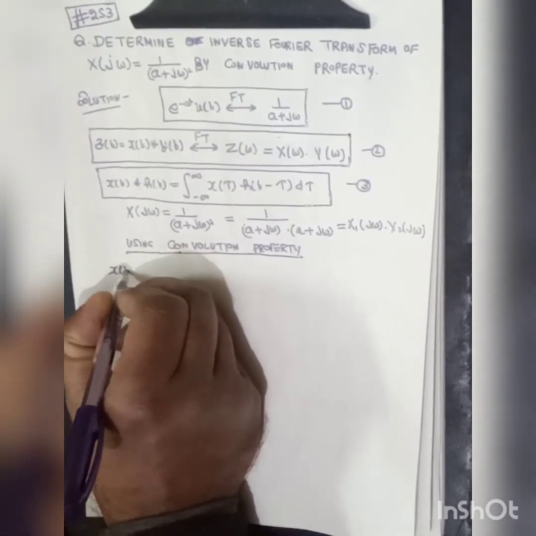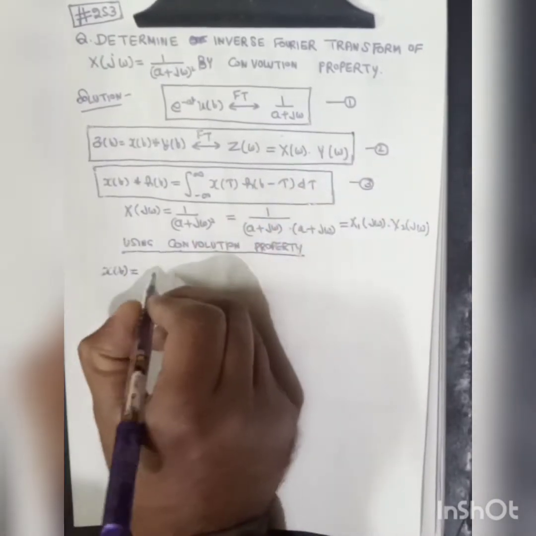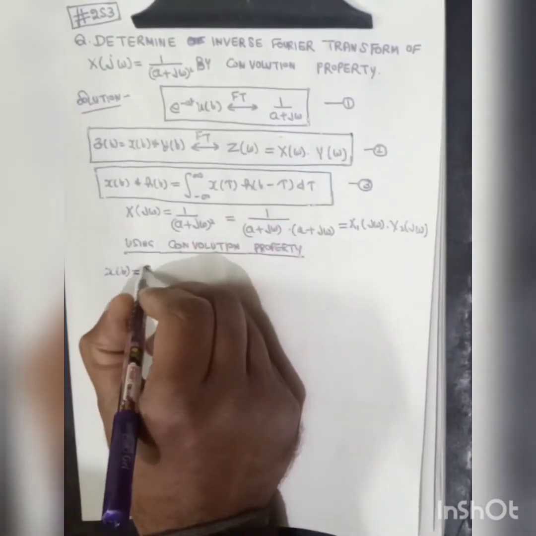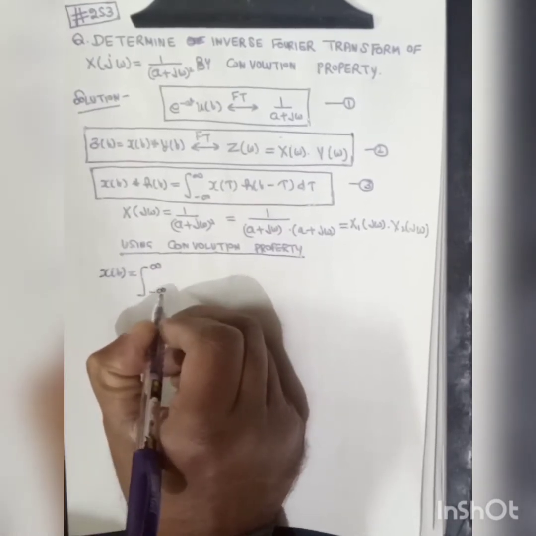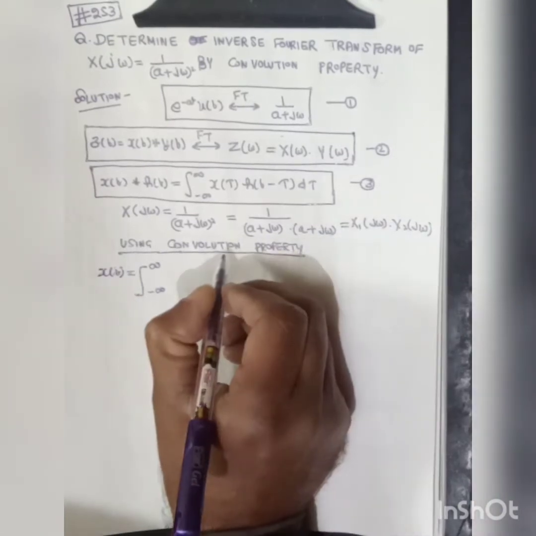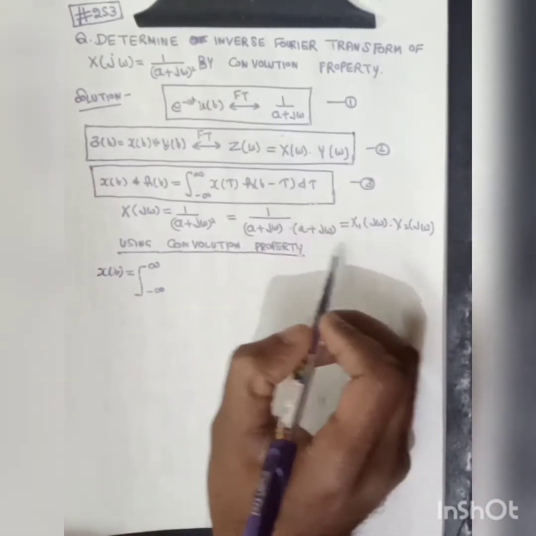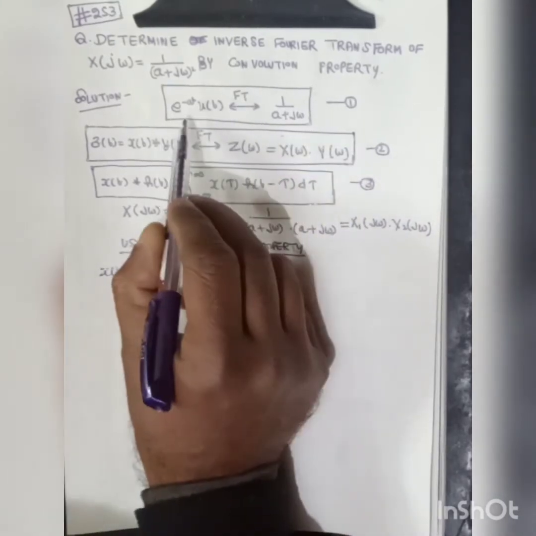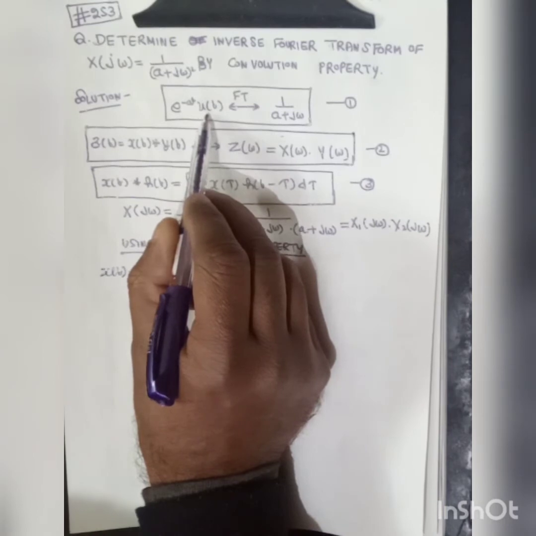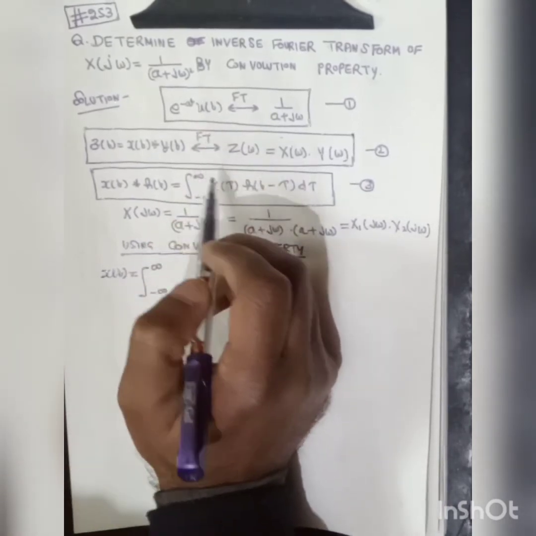So x(t) will be, using formulas 2 and 3, the integration from minus infinity to infinity of x1(t) convolved with x2(t). We know that if the function is 1 upon (a plus j omega), then its inverse Fourier transform is e to the power minus at u(t).